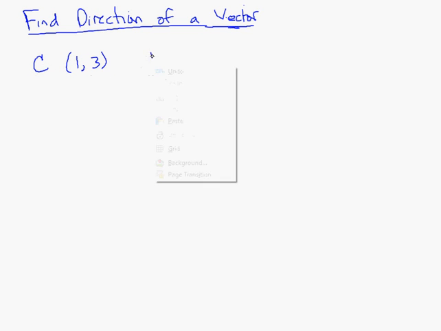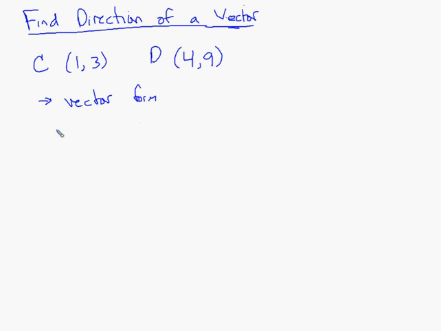And let's say I have point D, which is (4, 9). And I want to find a bunch of things. We're going to find the vector form, which is what you did for homework yesterday, also called the component form. Let's find the magnitude. And let's find the direction.